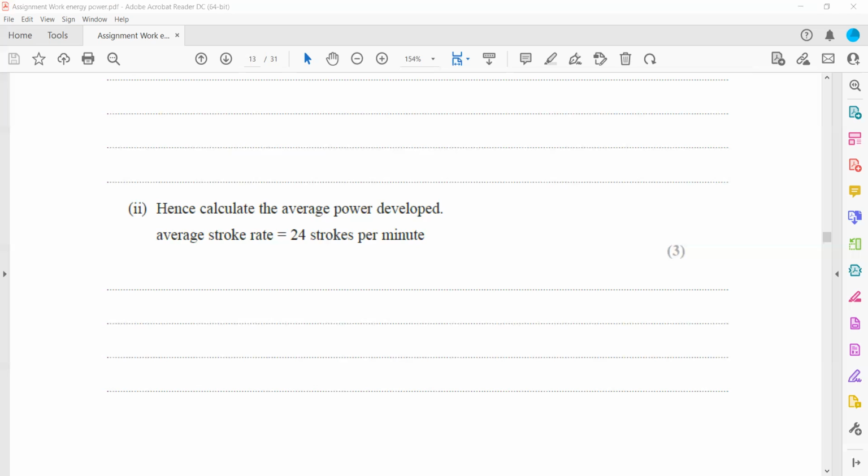Now, first we will calculate, and time should always be in seconds. So for each stroke, because we need average power, the work or total energy used is that area which we calculated, for example, our answer was 560 or 540.